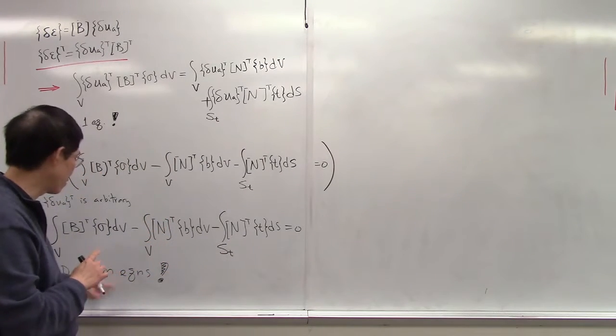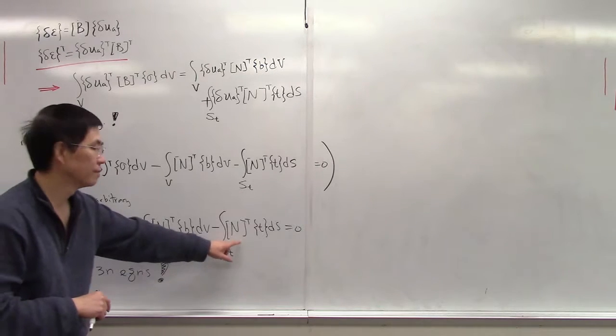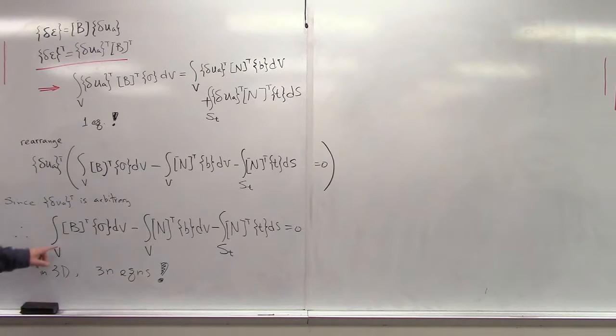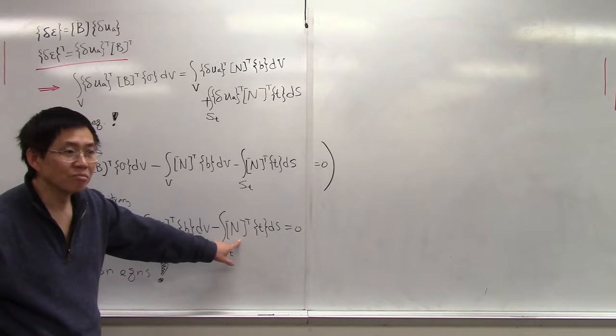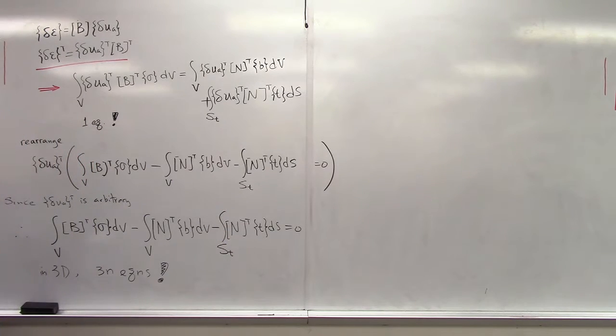That is why you have 3n equations. Because, as I mentioned, it's always the number of rows in front that determines the total number of rows. By making this argument, we change one equation into 3n equations. Now we have a system of equations to solve, and this is a pretty important result.